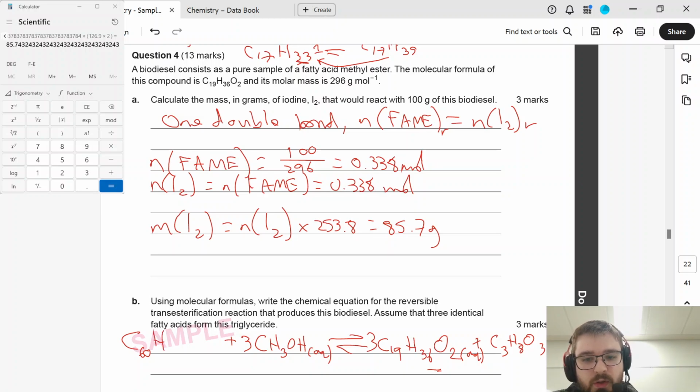We've got 36 times 3 plus 8 is going to be, oops, that's my mistake there. So, sorry. If we look at the carbons, there's 60 on the right, and there's 3 in the methanols on the left, so this should actually be 57.